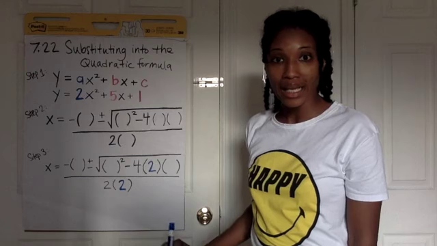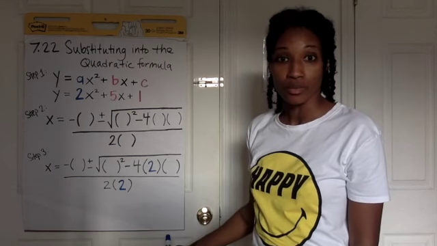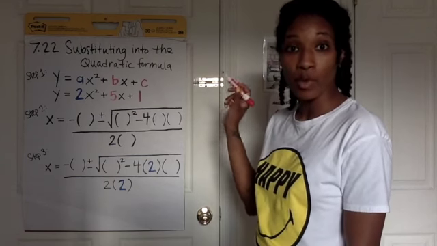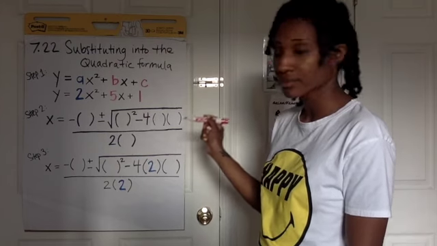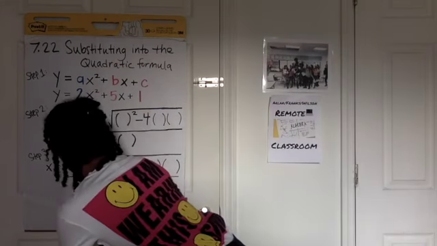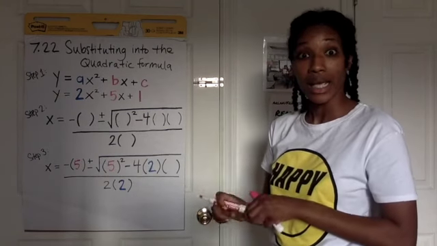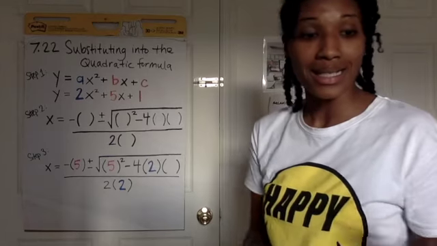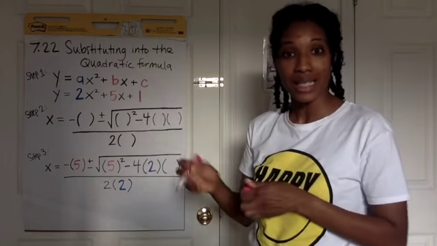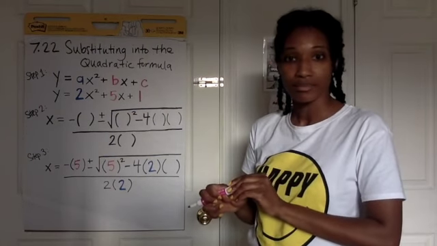Anywhere I see the variable b, I'm putting the number 5. And last but not least, anywhere I see the variable c, I'm putting the number 1.